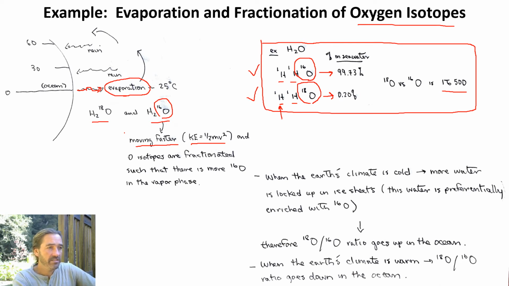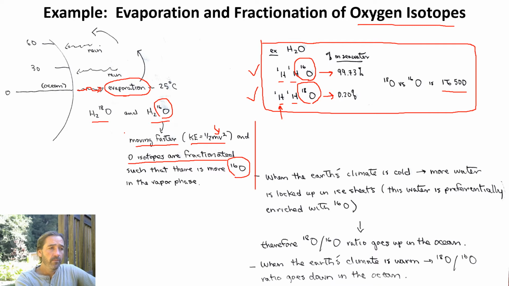But in doing so, that means that the lighter one will have a higher velocity. And so what we get then is a fractionation of the oxygen isotopes where we actually get more oxygen 16 to go into the vapor phase.